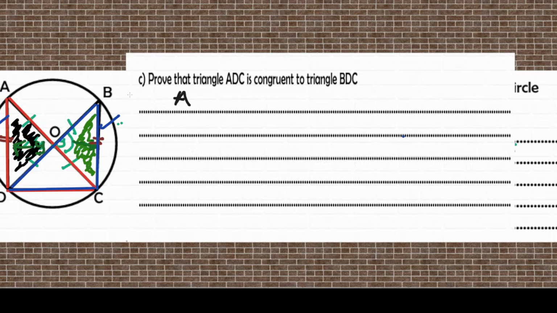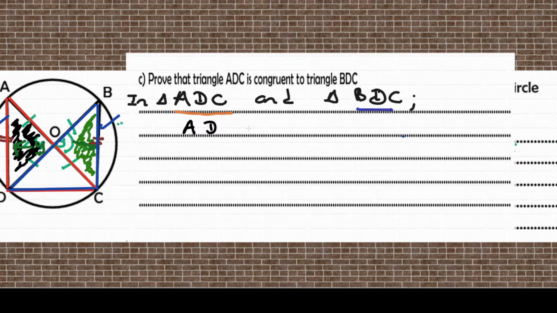So in triangle ADC and triangle BDC, ADC is the orange triangle and BDC is the blue one. Let's start with the first S: we know AD is equal to BC.